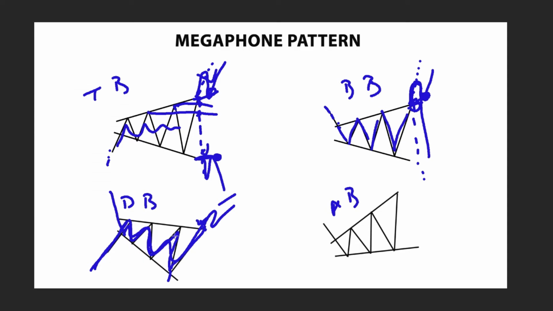But again, this is pretty much day trading and swing trading paradise. And if we have a look at the ascending megaphone, again, we've got a downward trend line bouncing up and down again.